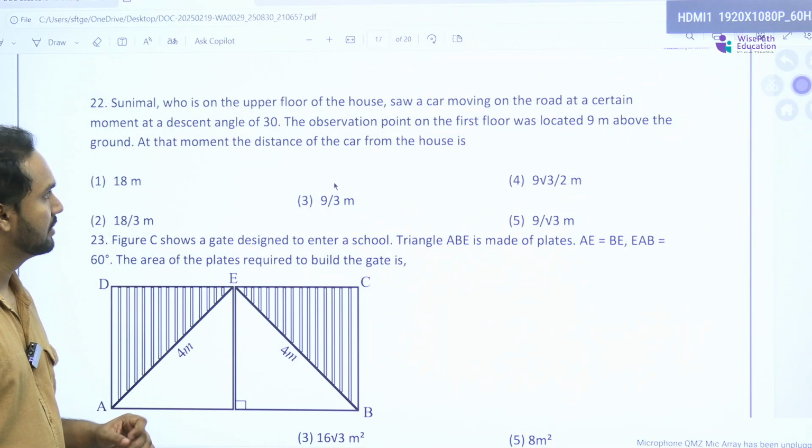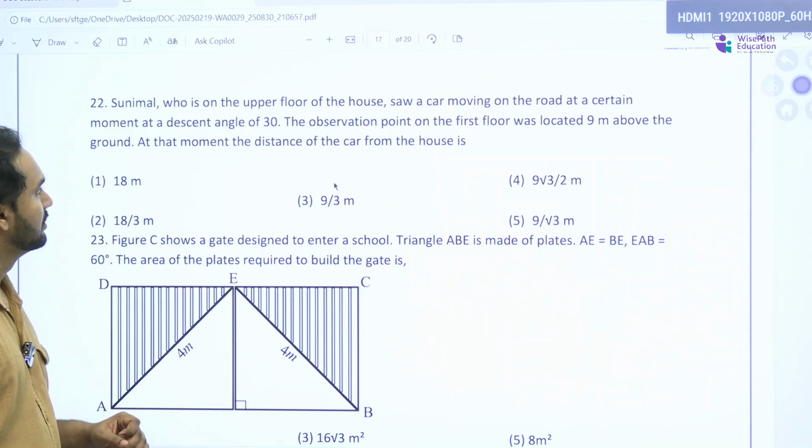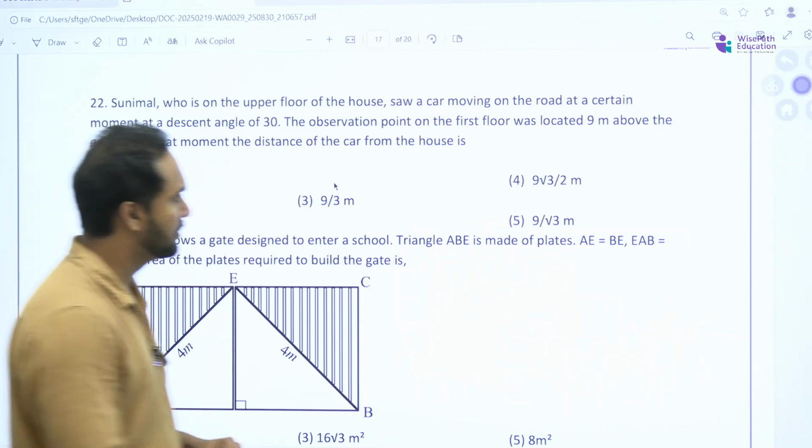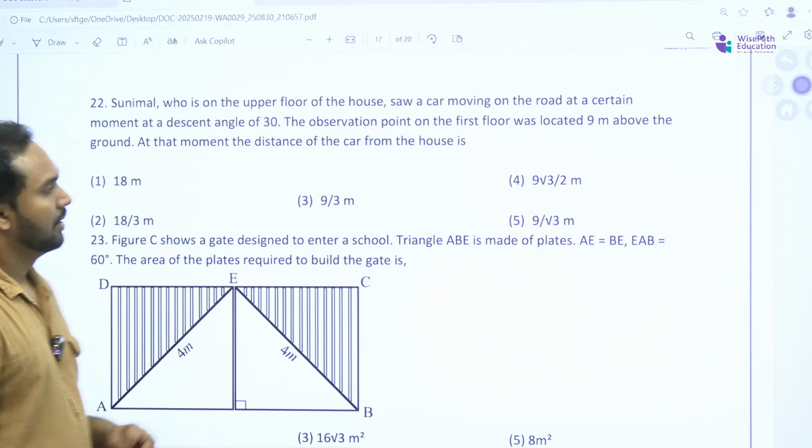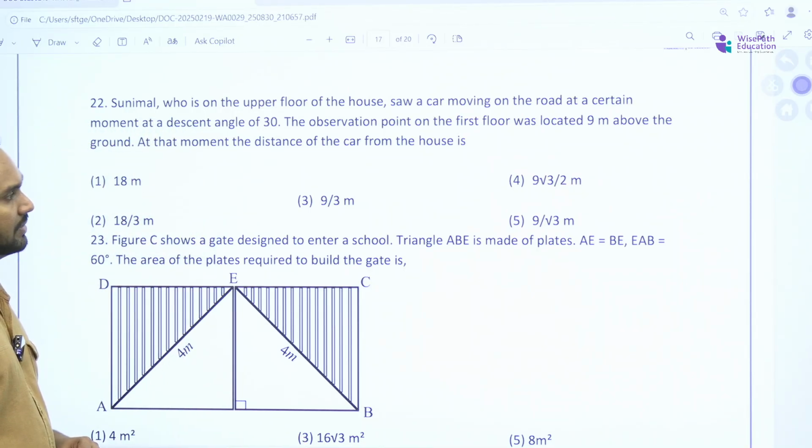Right. Now the answer is 9 root 3. Now this is supposed to be 9 root 3, not 9 over root 3. Can we convert it into something?